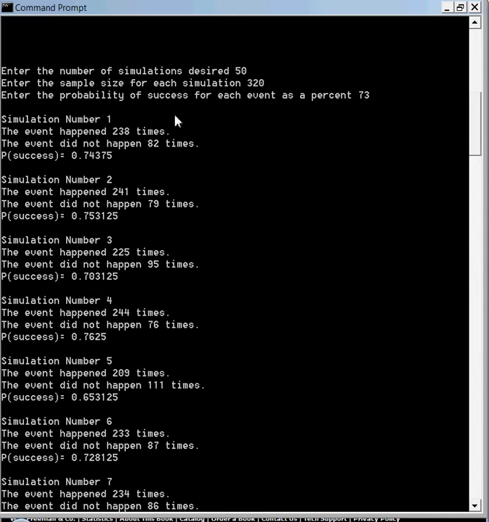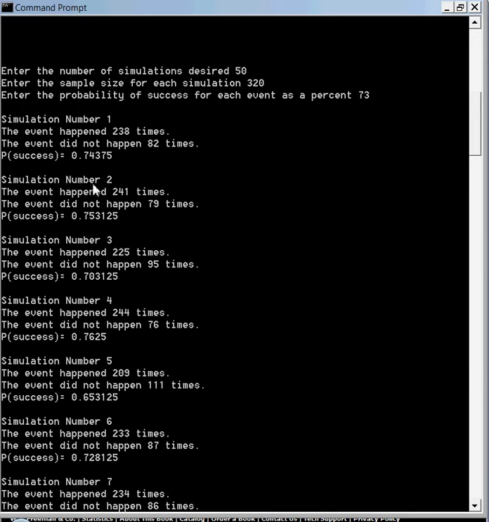Even though they have the same probability of happening, if you toss a coin 5 times, the probability that each set of 5 times will be equal is very unlikely, as you can see by this. But the probability should come out to a number around the 73, which it does.